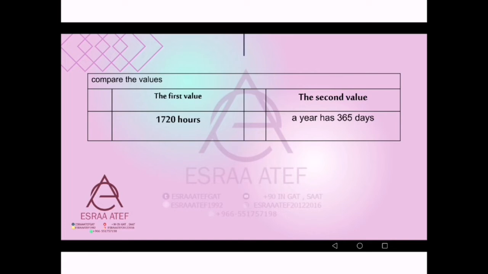Next one here, he wants you to compare between 1720 hours and a year, which is 365. Okay, here how can we compare between them? We have hours here and here we have days. So we will convert the days to hours.